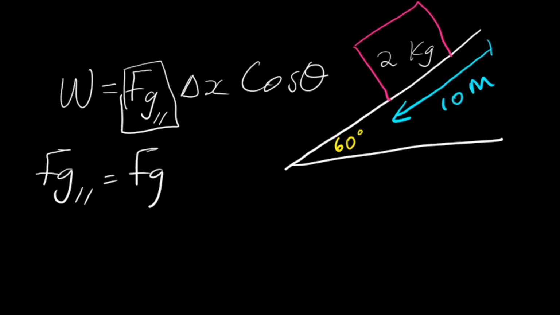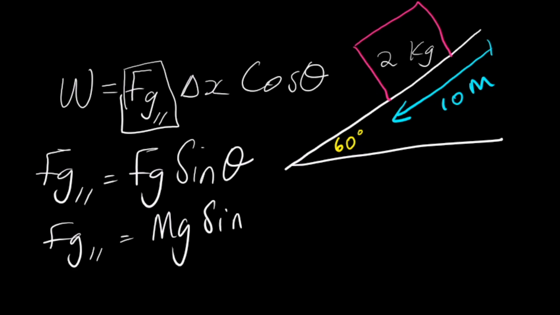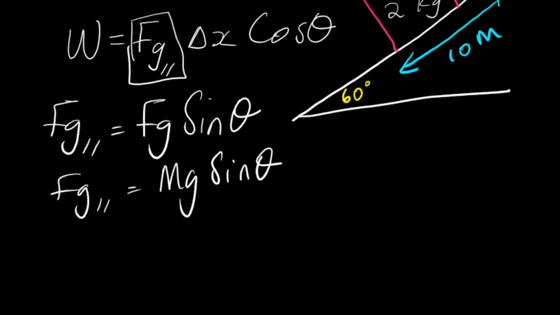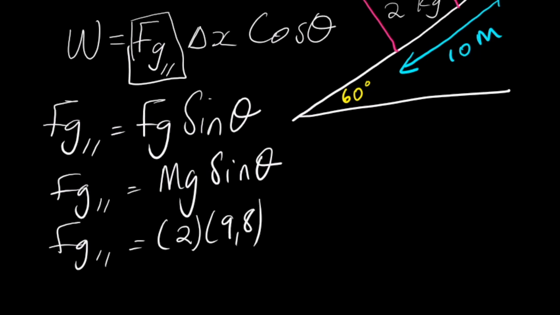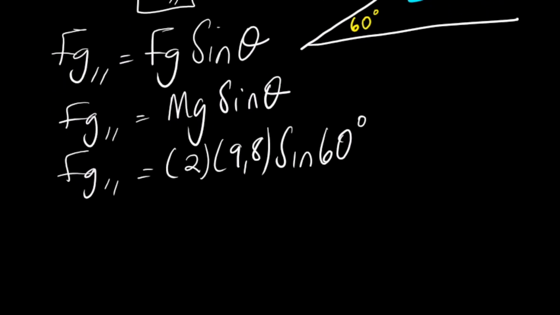We know the equation. Mass is 2. Our acceleration, then we should get 2 multiplied by 9.8 sine 60.